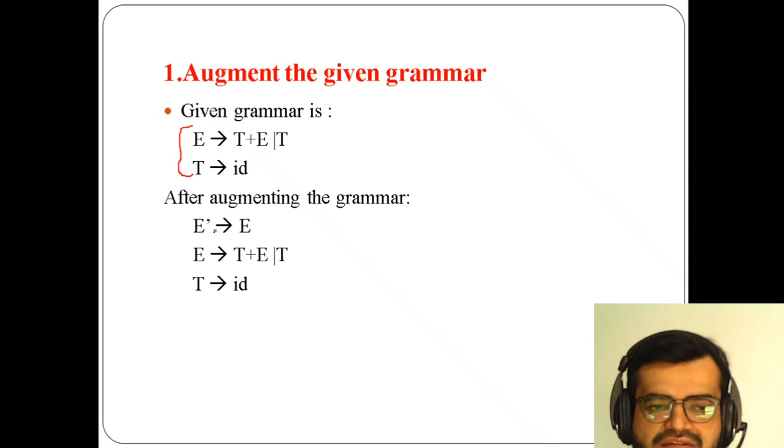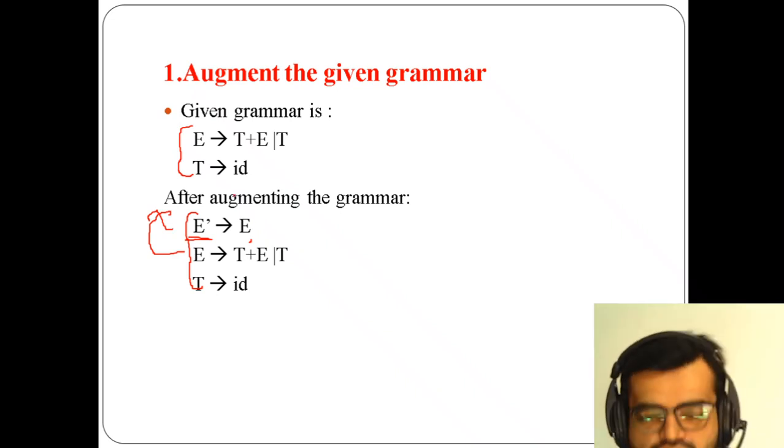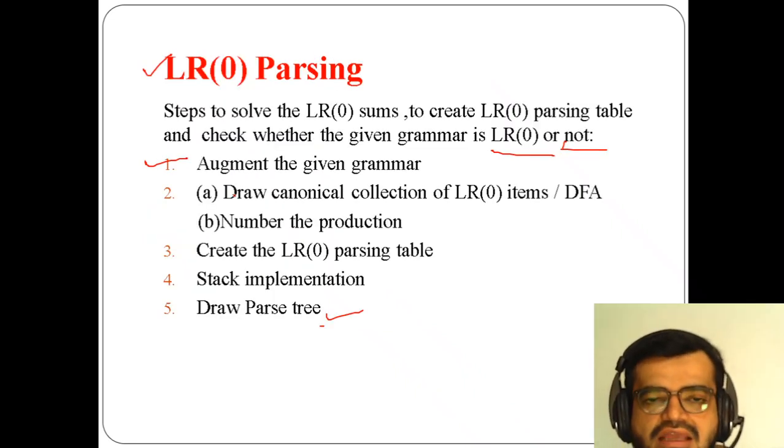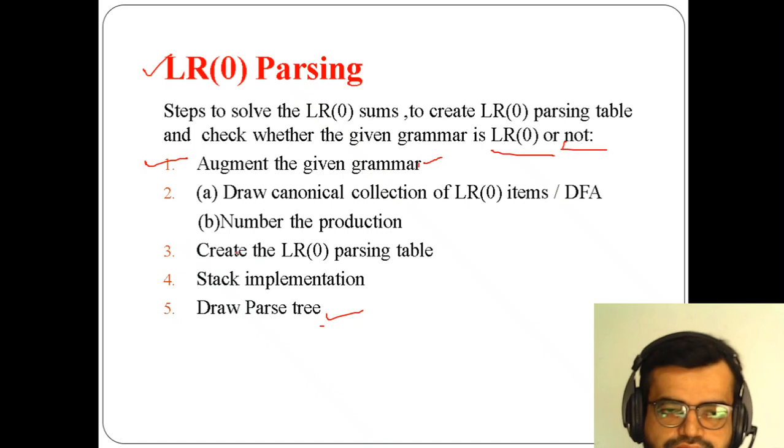Here I am introducing a new symbol called E dash, with the production E dash to E. Because of this production, this grammar has been converted into an augmented grammar. So the very first step when they have given a grammar is that we have to augment the given grammar. This is my first step.